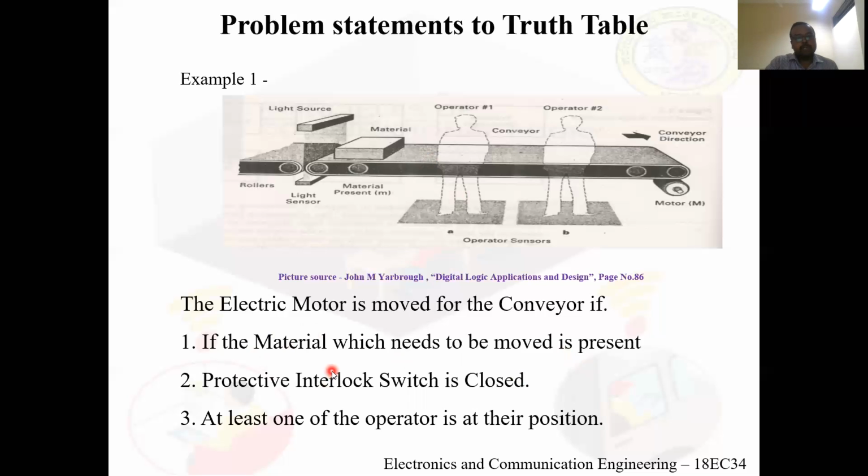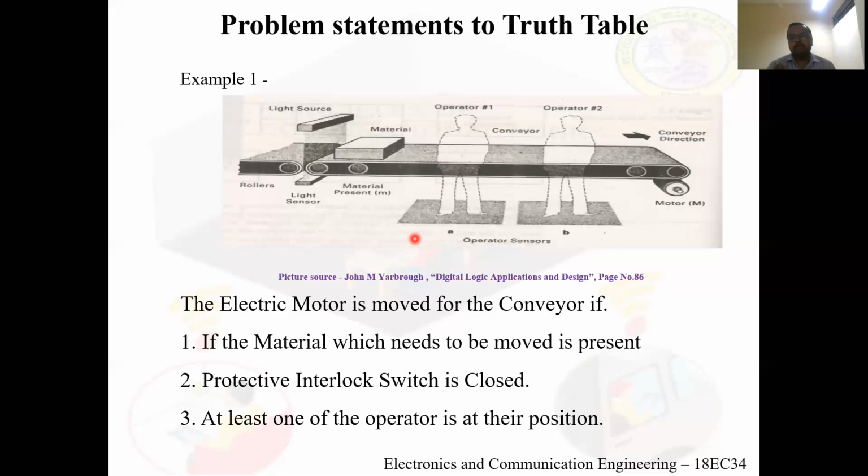The material needs to be present, one of the operators, operator 1 or 2, needs to be present, and also the protective interlock switch for the conveyor needs to be closed. If these conditions are satisfied, then only the electric motor needs to be turned on. Now you understood the problem statement. Now for this given problem statement, come up with a truth table.